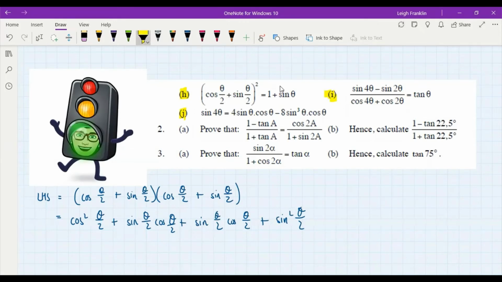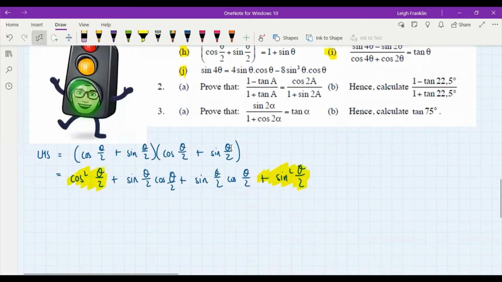Now, we have 4 terms here, all right? The first term and the last term give us what? That's where the 1 comes from. Does that make sense? Okay, quite right.